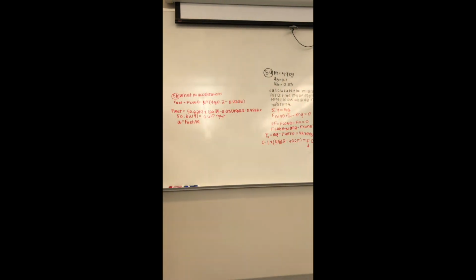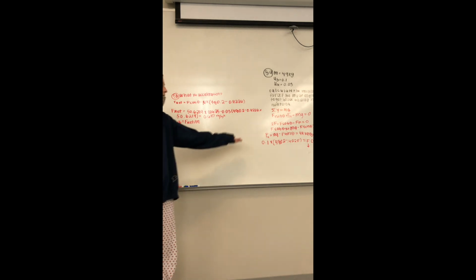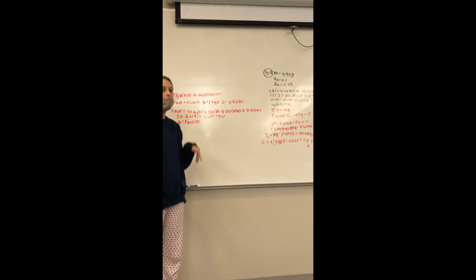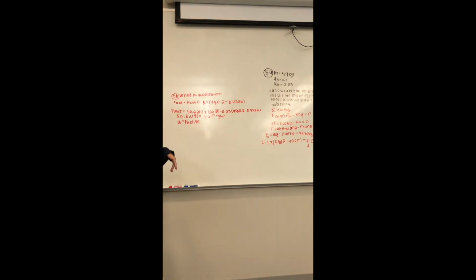The question for 5b was, what is the acceleration? So previously, in 5a, we found the force from force equals mass times acceleration. Now we are using this formula: F net equals F cosine theta minus the coefficient of friction times our mass times gravity minus our coefficient.